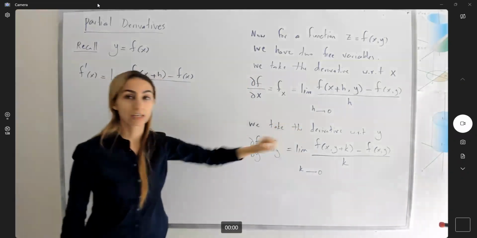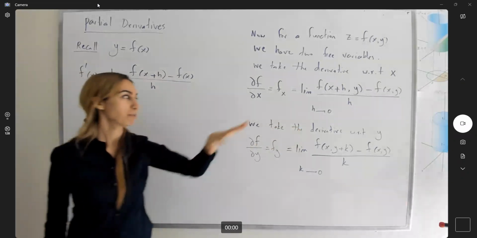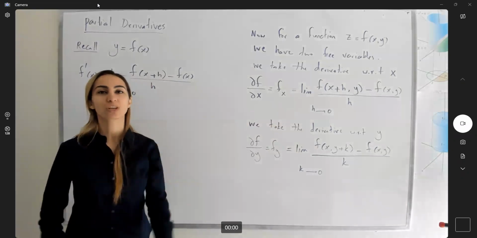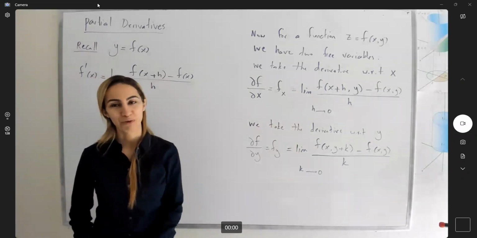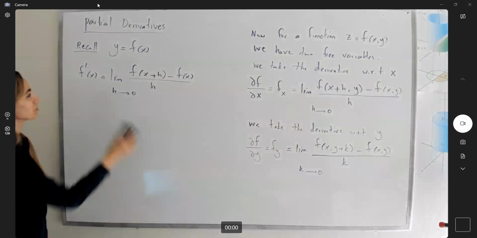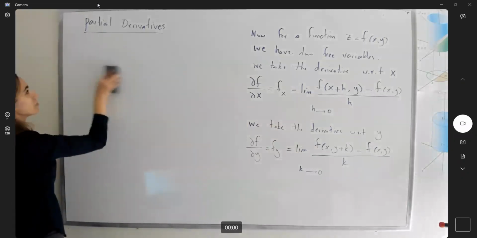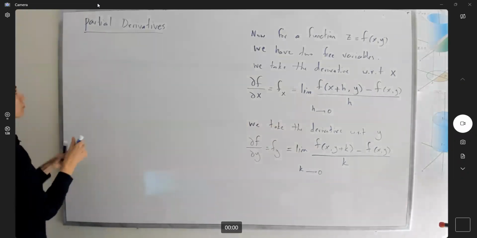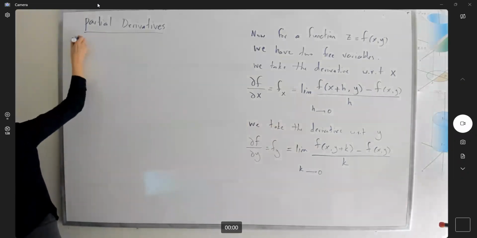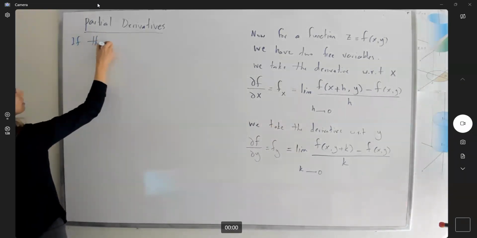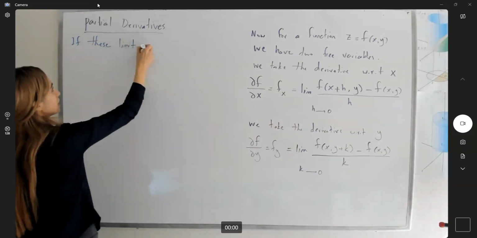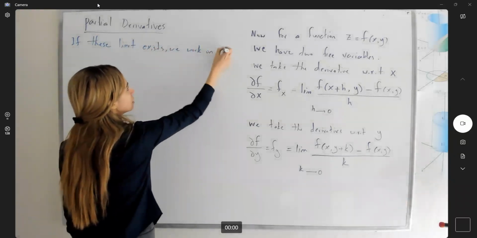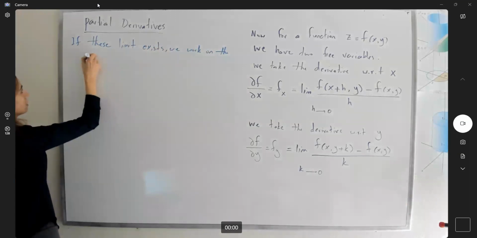If this limit exists, if we are happy with the limit of these functions, then we can introduce the shortcuts as you saw before. So let us begin. If this limit exists, we work on the shortcuts instead.